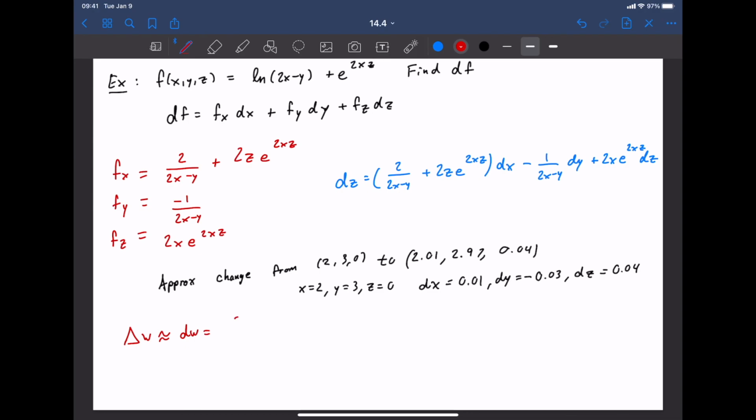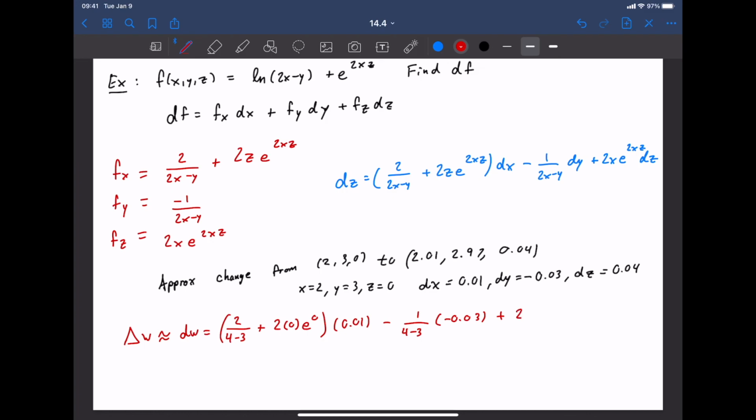Specifically, 2 over 4 minus 3, which is 1, very nice, plus 2 times 0 times e to the 0. That's all going to be 0, though, because it's multiplying with 0, times the change in X, 0.01. Minus 1 over 4 minus 3, still going to be the denominator, times the change in Y, negative 0.03. Wow, another decimal.